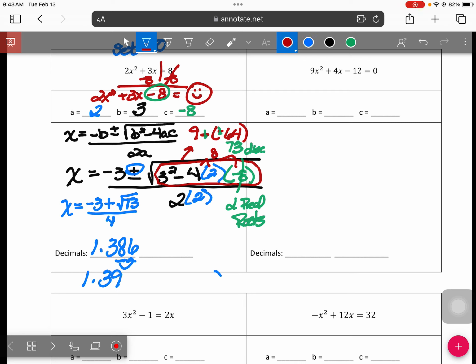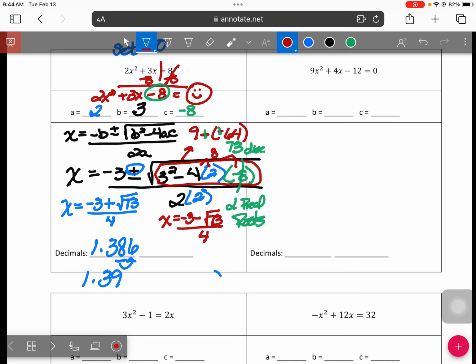The other one is going to be x equals opposite of 3 minus square root of 73, all divided by 4. You should try to figure that one out too. See if you get the same value. Opposite of 3 minus second x squared, 73, hit enter, divided by 4, hit enter, arrow.